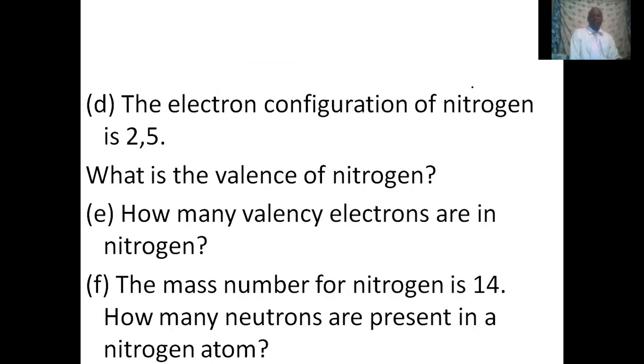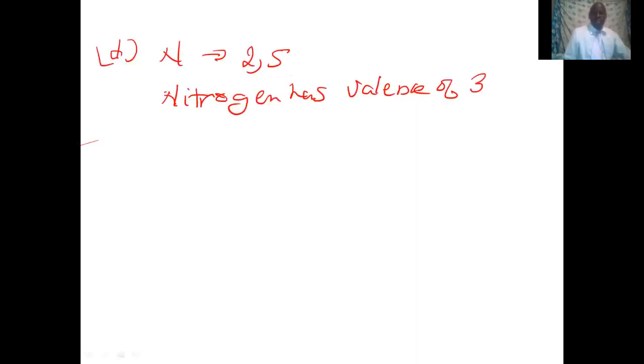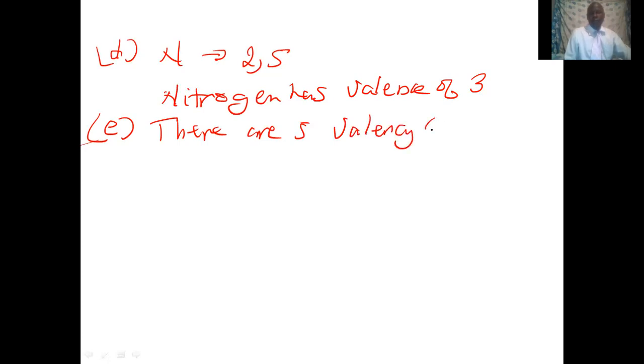And so E, how many valence electrons are in nitrogen? There are 5 valence electrons. In the outermost shell, how many electrons are there? There are 5 valence electrons.